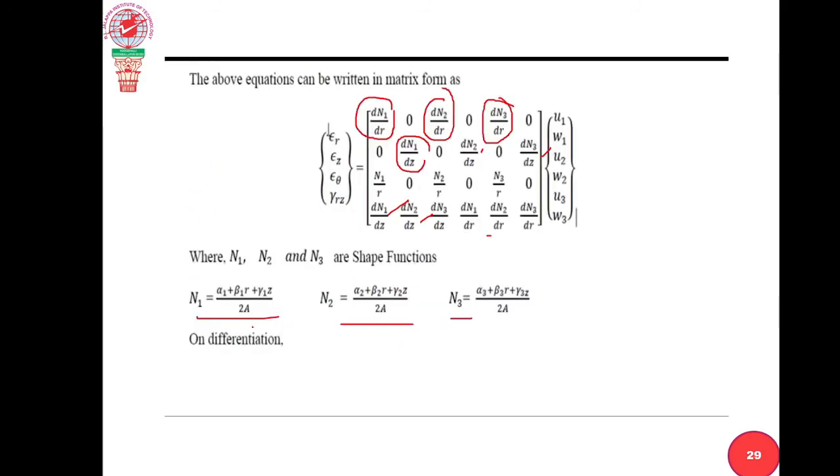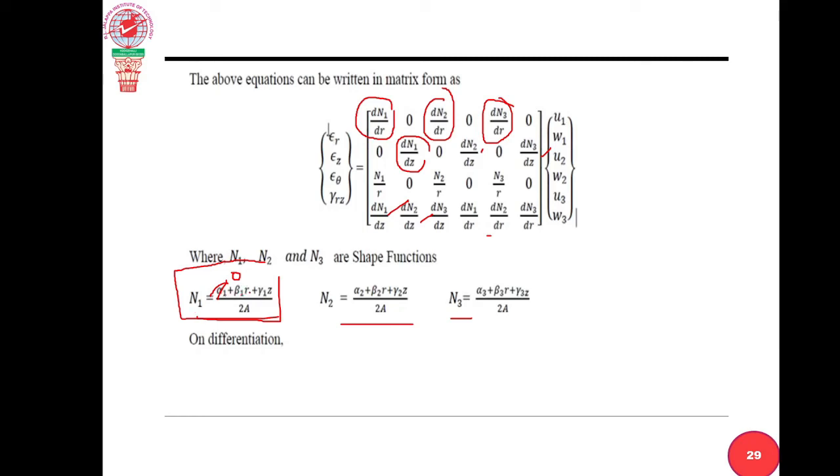dN by dr. Let me take the first one, differentiating with respect to r. What does the differentiation of N1 with respect to r become? Alpha 1 is a constant, so it becomes 0.